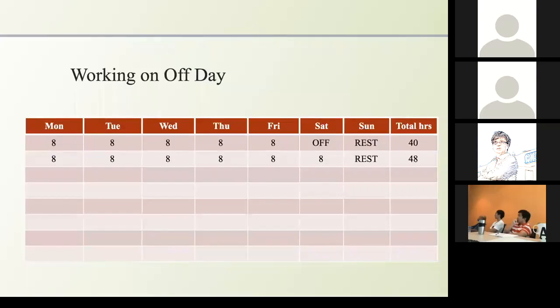Rest day, employees are not required to work. But if they are required to work, you have to pay them double the normal pay. Rest day is no pay. You got to know the difference. If you take annual leave, it is paid leave. You take sick leave, it is paid.